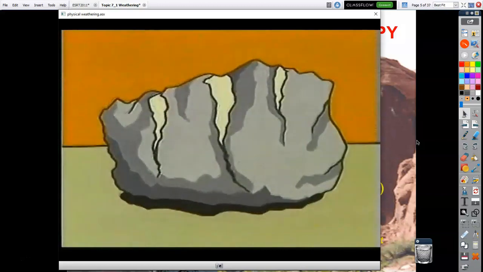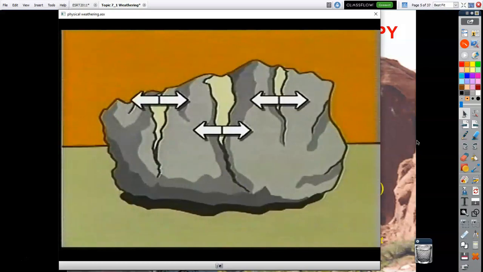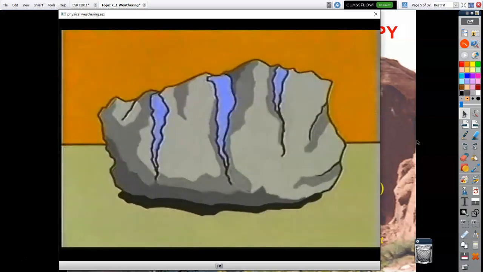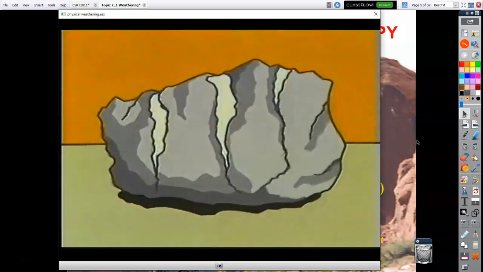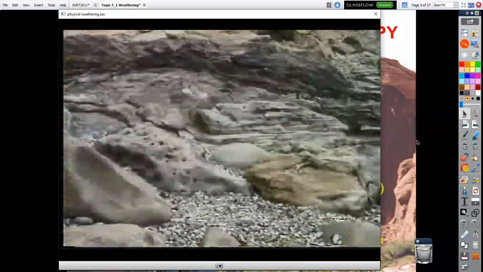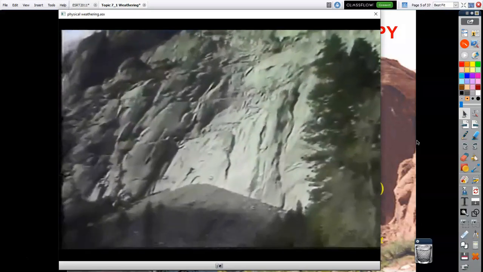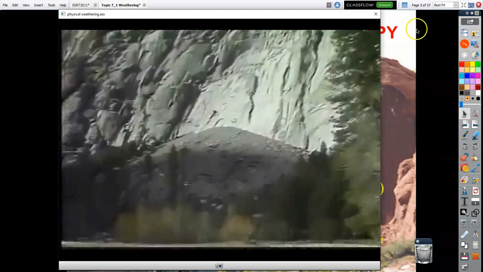This exerts a tremendous amount of pressure on the openings in these rocks. As temperatures rise and the ice melts back into its liquid form, it creeps deeper into the fractures. When the water freezes again, it further expands the openings in the rock. This cycle will go on day after day, year after year, until finally a once huge mountainside could disintegrate to a pile of small rock fragments.